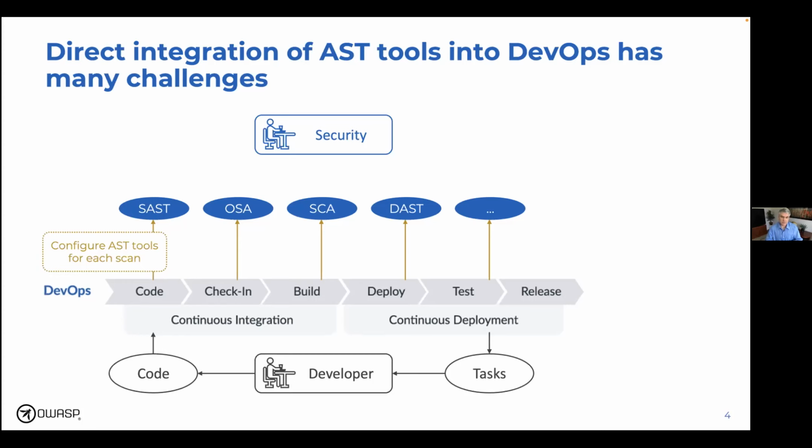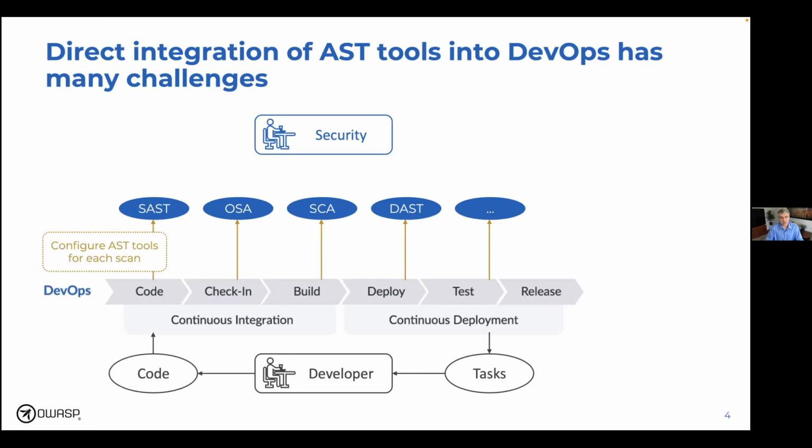So it's what we know, continuous integration, continuous deployment. And on the bottom, developers are taking tasks or issues or bugs, right? Developing or fixing them and releasing them as a new code version. That's the classic DevOps process.